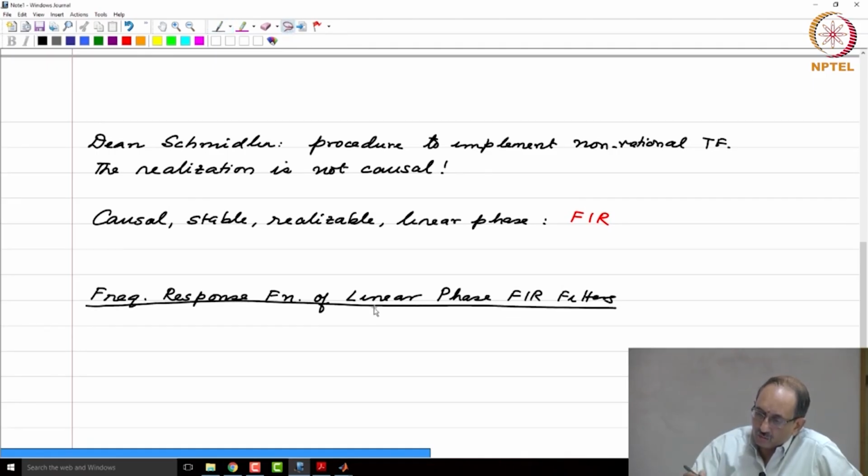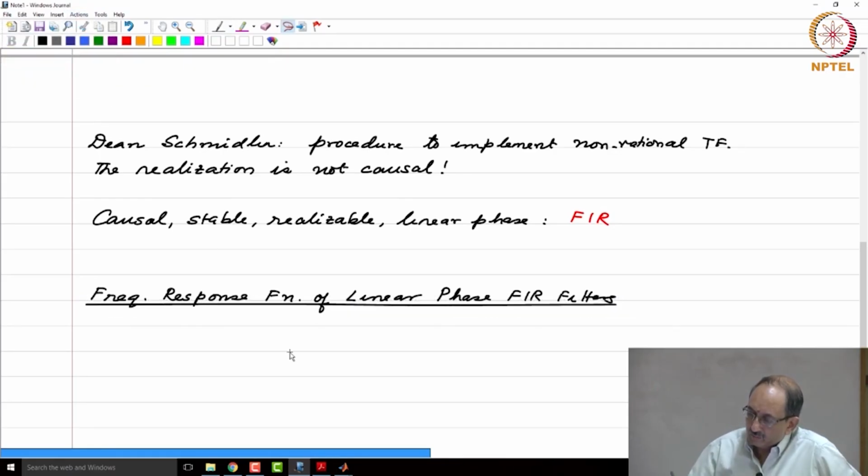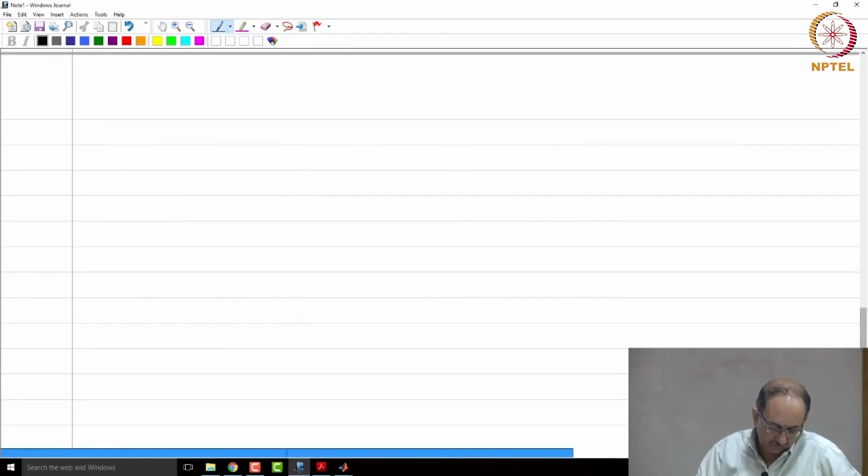All we are going to do now is take advantage of the symmetry properties that are present and then simplify the frequency response expression, and then put it in a form that will recall an earlier expression for the frequency representation that we have seen.